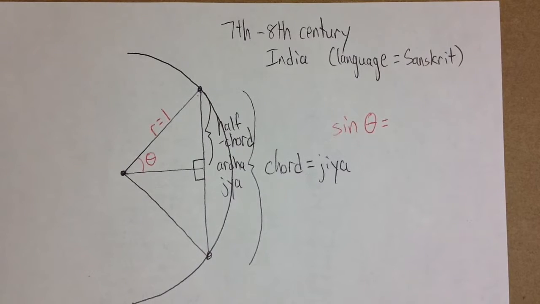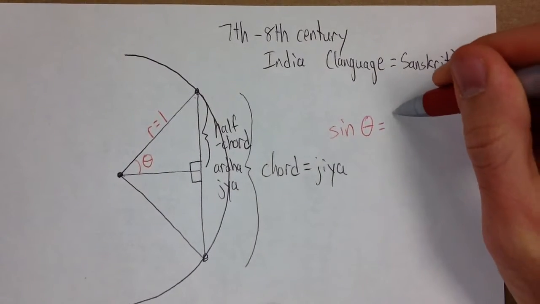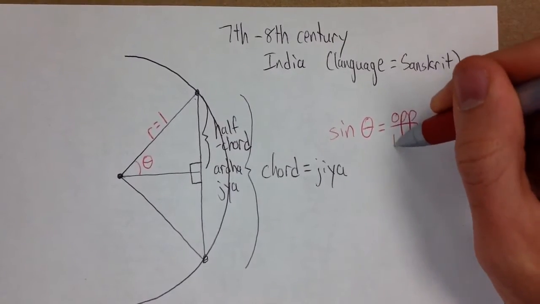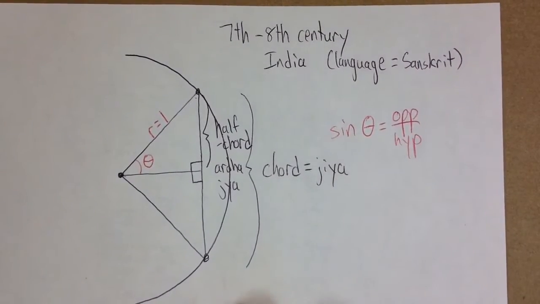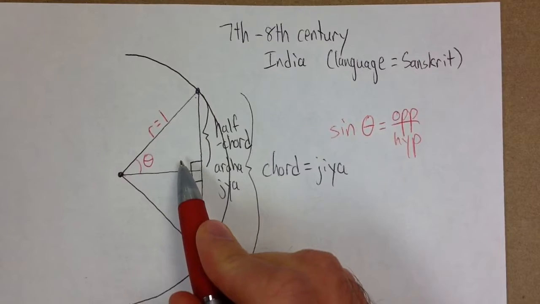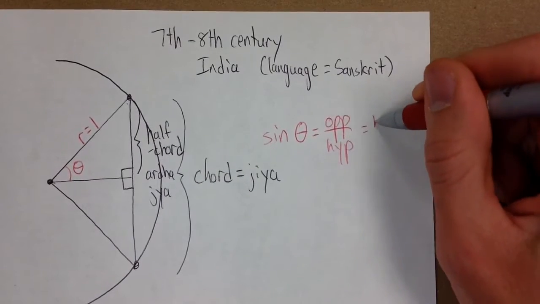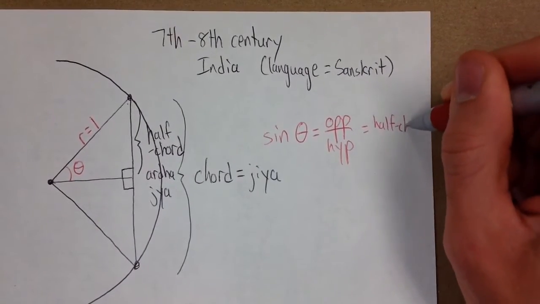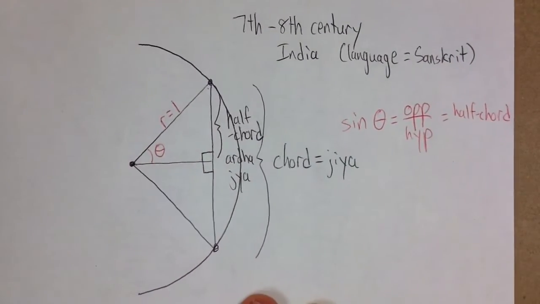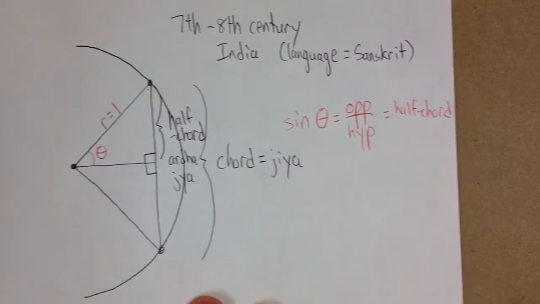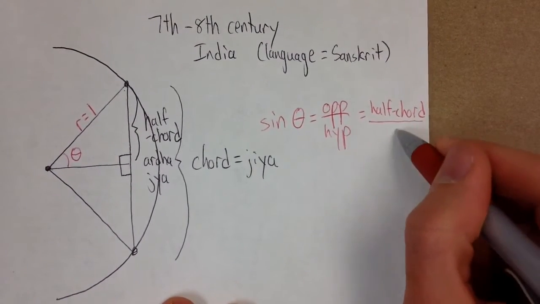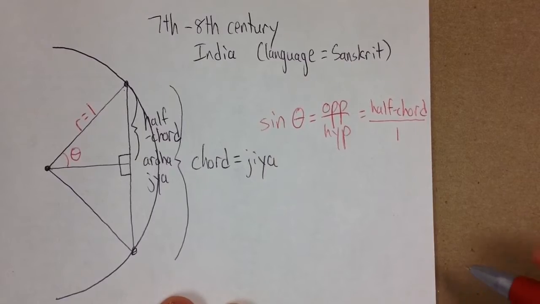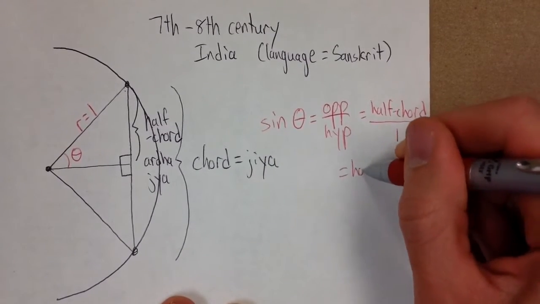Opposite over hypotenuse. Thank you very much. Take a look at this right triangle. What's the opposite? Half chord. What's the hypotenuse? 1. What's half chord over 1 equal to? Half chord.